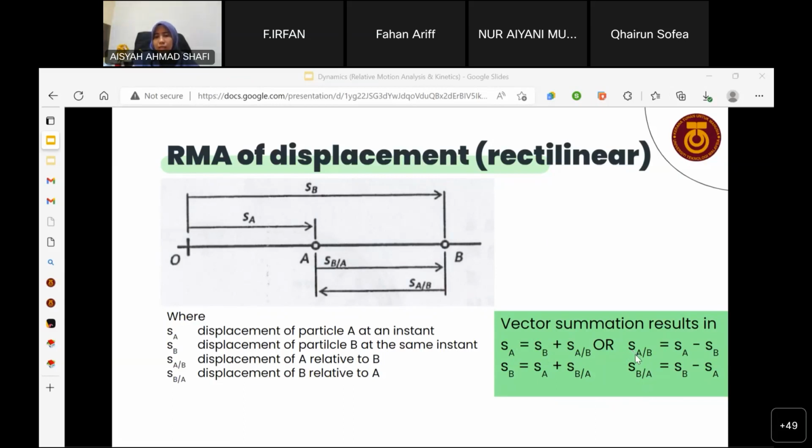When it is A relative to B, it is A minus B. When it is B relative to A, it is B minus A. But if you want to use this, just rearrange it: S_B is S_A plus S_BA. But for me, I prefer to remember this equation first, and then I can rewrite the other equation. Okay, so this is for the displacement.